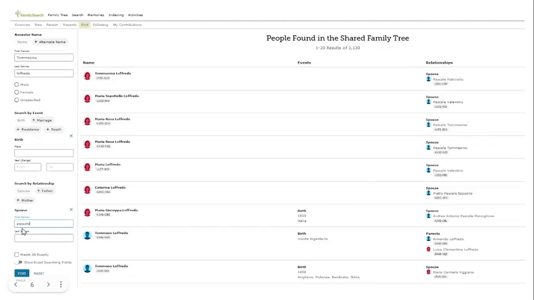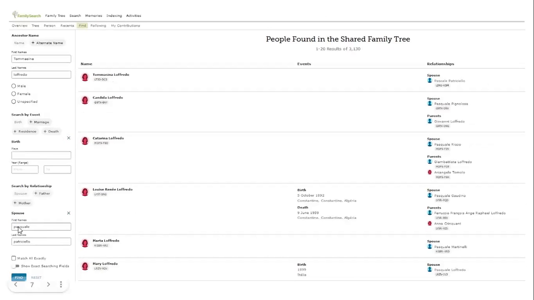I spelled it C-A-L-E, and there she is. That was what I was telling you, that FamilySearch does not recognize the two spellings on that name. Here I spelled it wrong again, but I put in the surname and she will come up because it recognizes the surname.